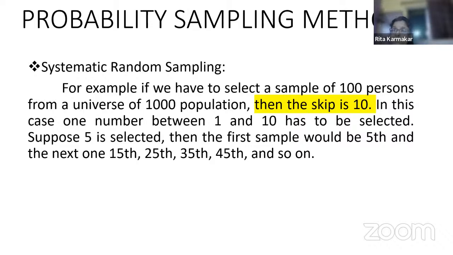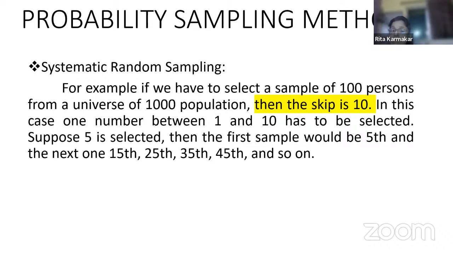Now you can use this random number generation table as well, or this particular software. You can use 1 to 10, and then the number that first comes in this random number, suppose, for example, it is 5. Then the first sample would be the 5th one, the 5th individual. I'm not saying the first sample would be 5, 6, 15.